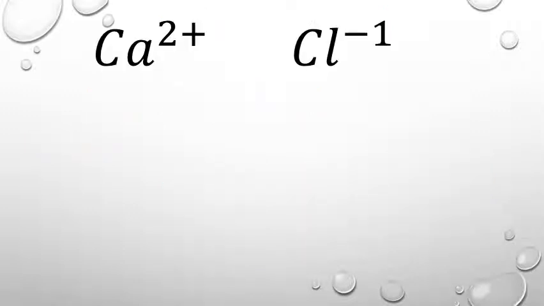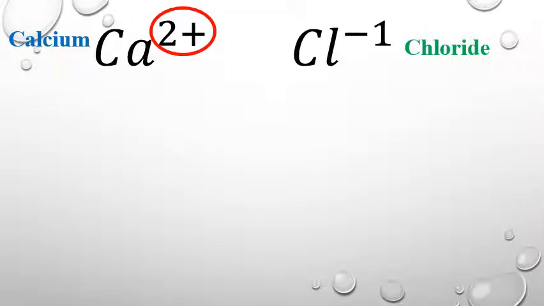Let's take another example where I have a difference in charges. Here we have 2 ions, Ca2 plus, which is calcium, and Cl minus, or minus 1, chloride. Here the Ca has 2 positive charges, and Cl minus has minus 1. Now we can't cancel these charges because they are not equal. If I had plus 2 and minus 2, they would cancel each other, but here they can't.